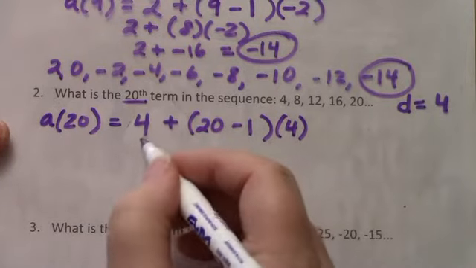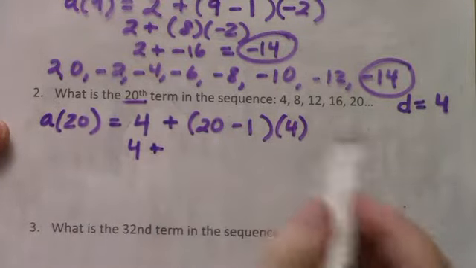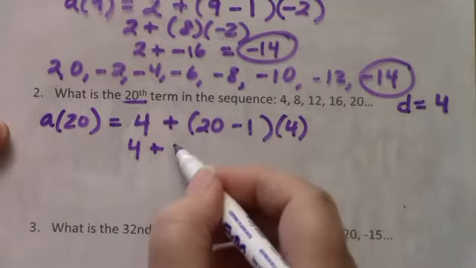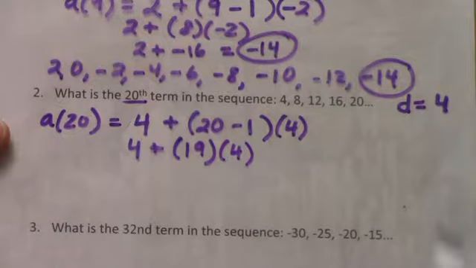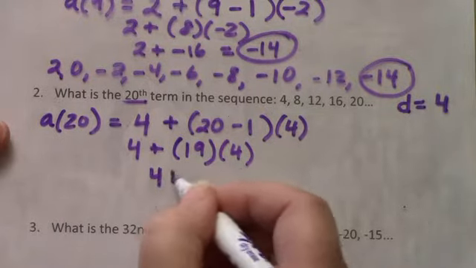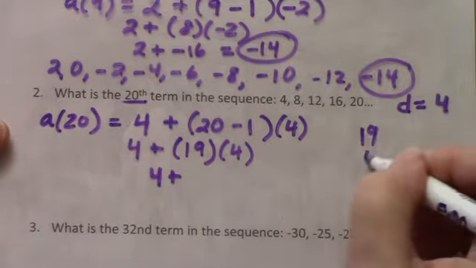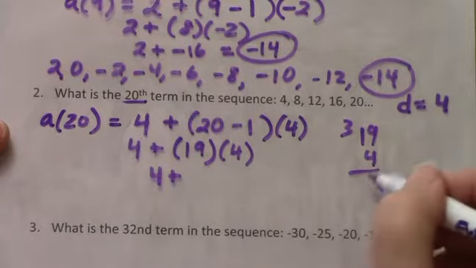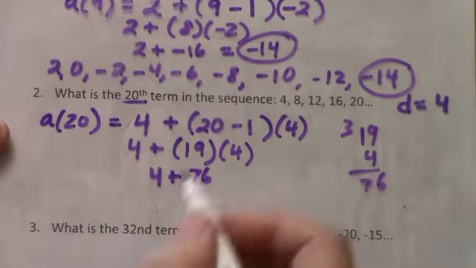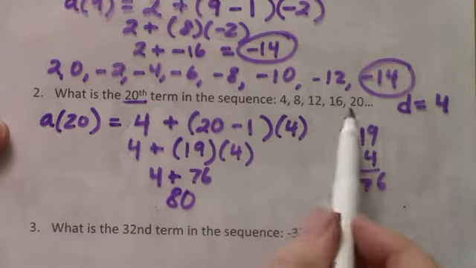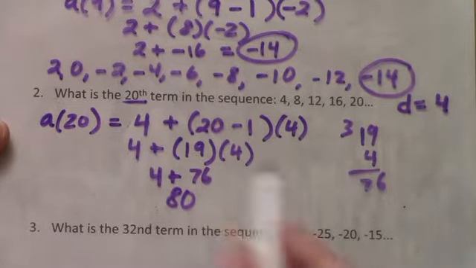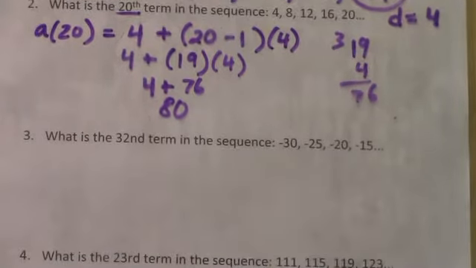Let's see what we get. 4 plus 20 minus 1 is 19 times 4. What does that equal? 4 plus, well, let's do this quick. 19 times 4 is 76. 4 plus 76 is 80. Our 20th term will be 80. If you were to list these out, our 20th term is that. Let's take a look at the next one.